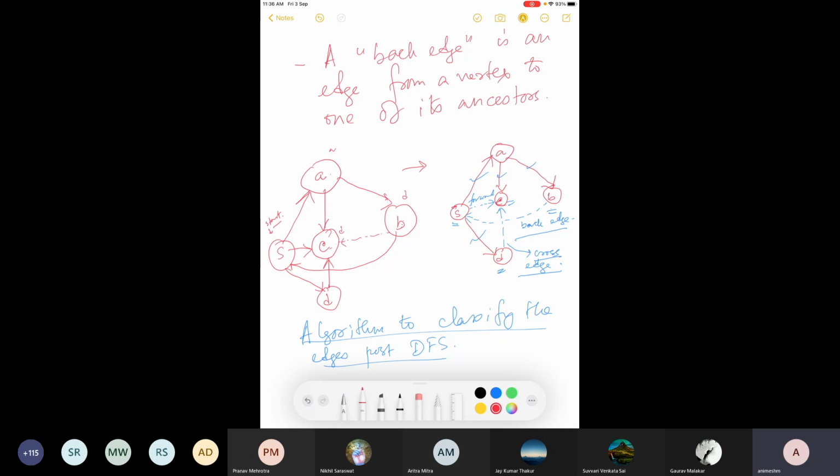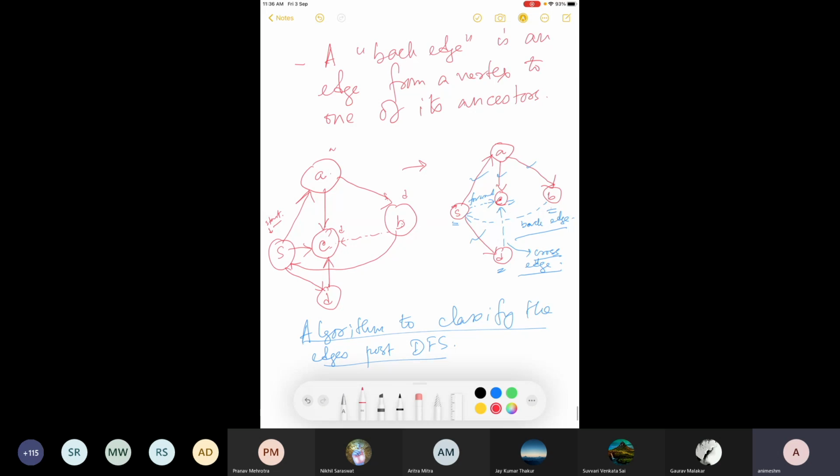So these two are descendants, and we cannot say for sure that B is a descendant of C. Yes, and also the subtrees do not overlap.